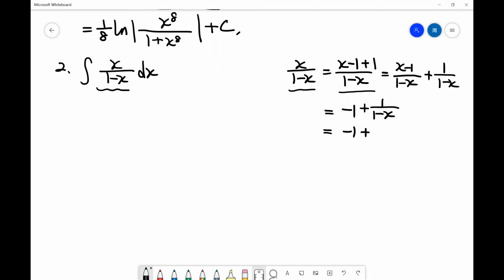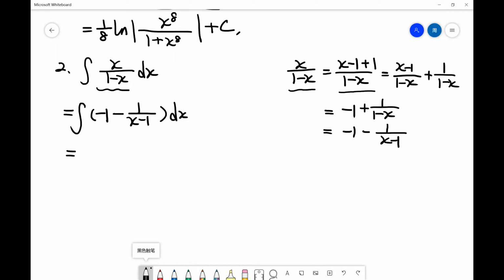You can write minus here. That is minus 1 minus 1 by x minus 1, right? So here, the original integral can be written as the integral of minus 1 minus 1 by x minus 1 dx.